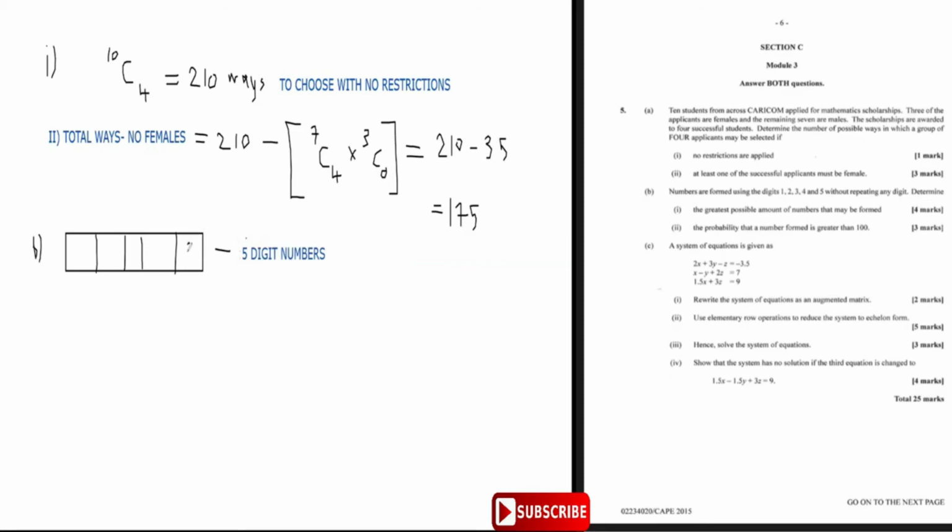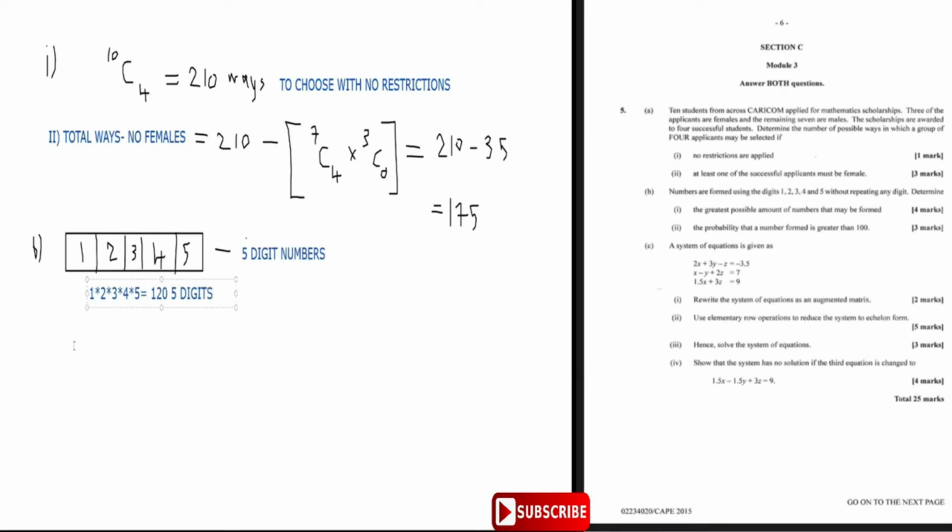Any number can be at the end, so that's 5. Then 4 other numbers can go here, then 3, then 2, then only one number can go here. So the number of 5-digit numbers that can be formed is 1 times 2 times 3 times 4 times 5. That's 120 5-digit numbers.